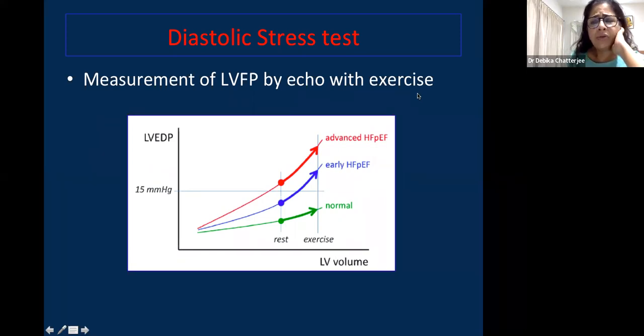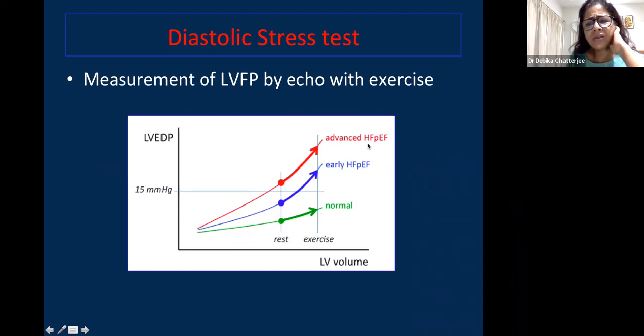Why? Because look at this graph. In a normal person, whether at rest or the patient does the exercise, the LV filling pressure, LV EDP is normal. This is the 15 millimeter of mercury at rest as well as at exercise.